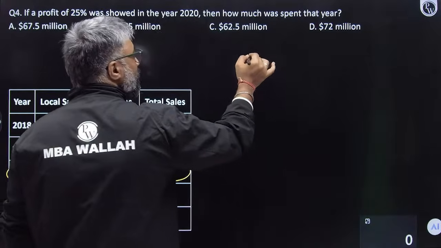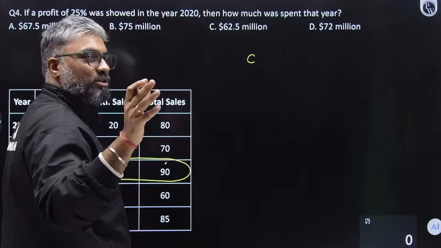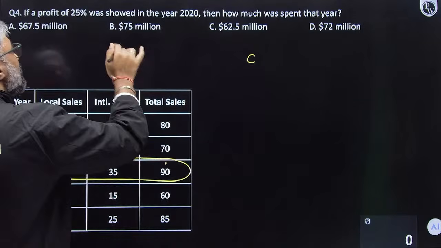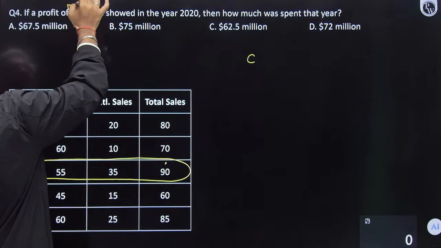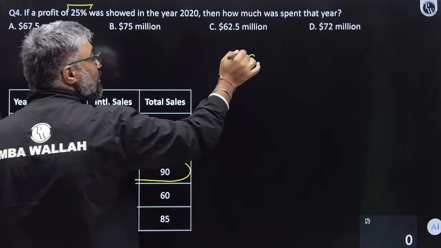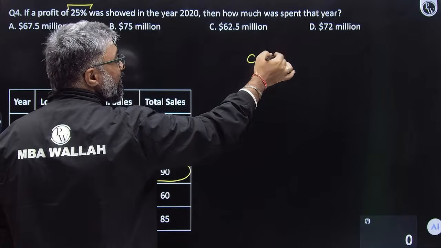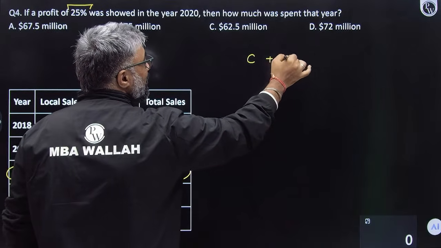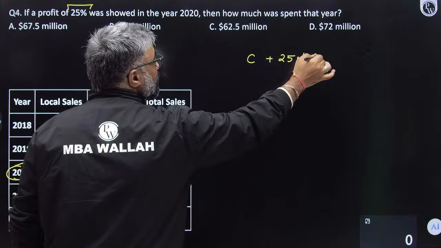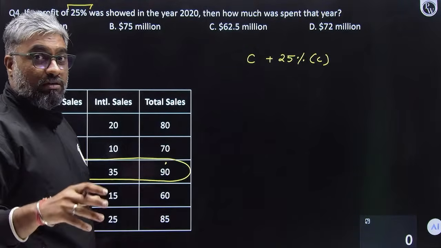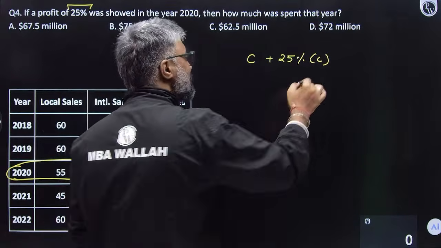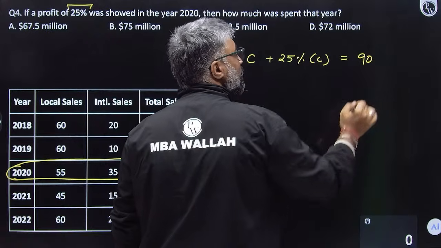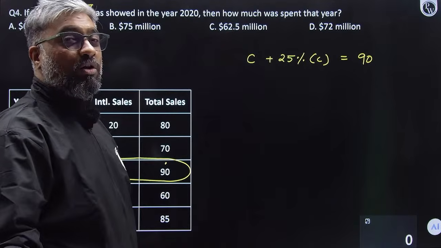So on whatever was the total cost, let's say C was the total cost. If I increase it by 25%, that is 25% profit, correct? 25% of the cost increase. This is 90. From here, they're asking us what the cost was.